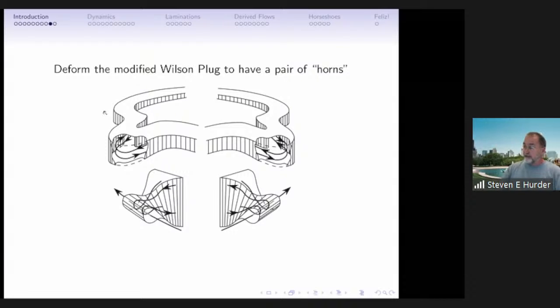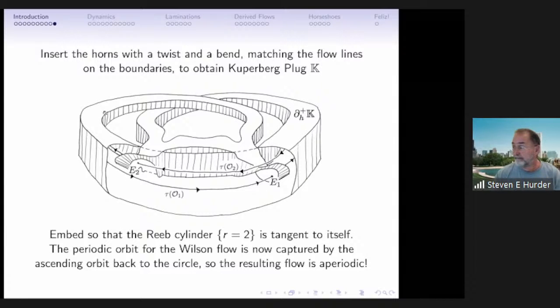And I've drawn the flow lines. I think this is probably from her paper, but it might be from my paper with Anna. I'm not sure who owns this picture. You stretch it out, and then comes the fantastic part. You insert it into itself. And now, because of the way you've oriented the flow, you find that you can insert it smoothly.